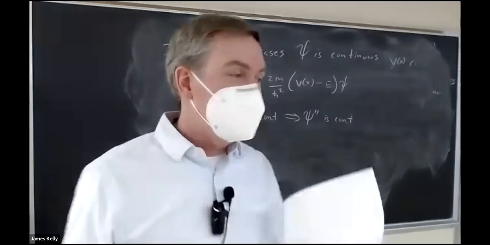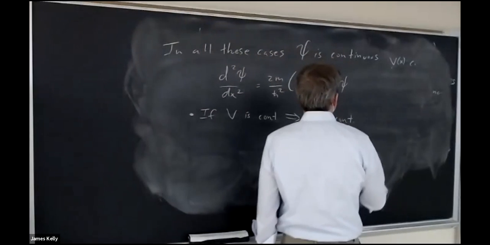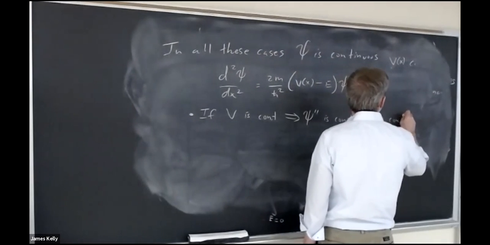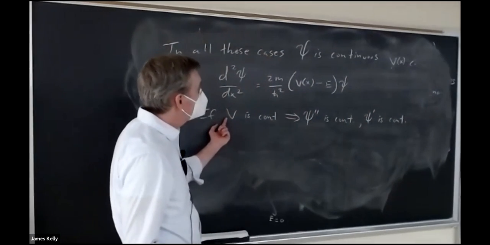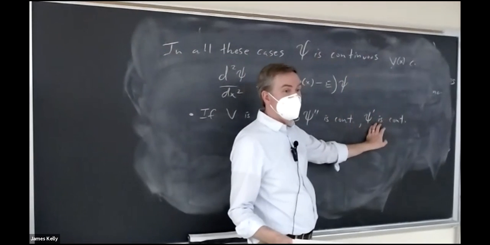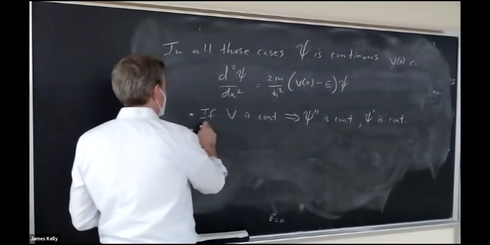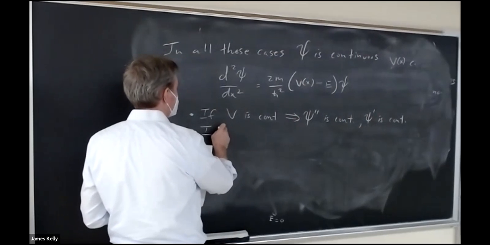And if the second derivative of psi is continuous, you can integrate that function. You'll find that so is psi prime. So if v is continuous, we're going to find out not only is psi continuous, but psi prime is also continuous. Let me try to go through these a little bit faster, and we can talk about the technical details maybe outside of class.